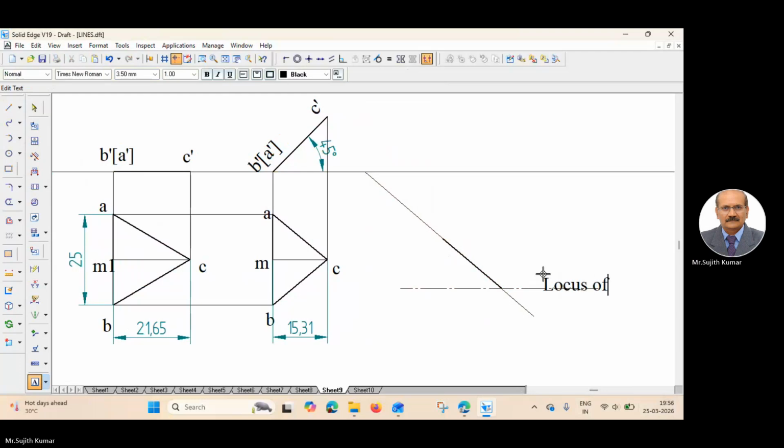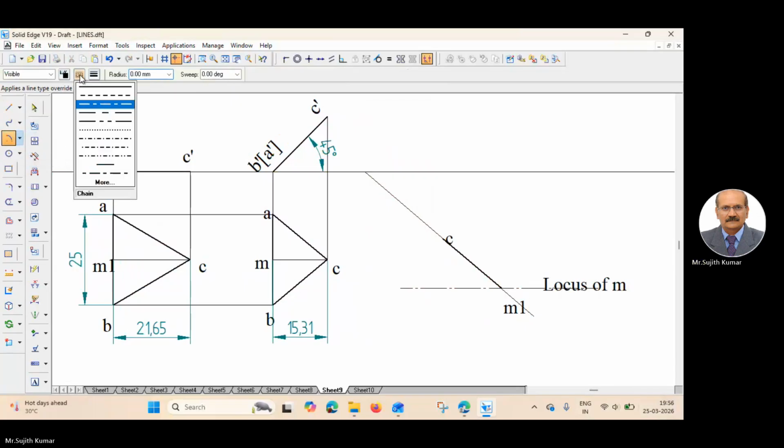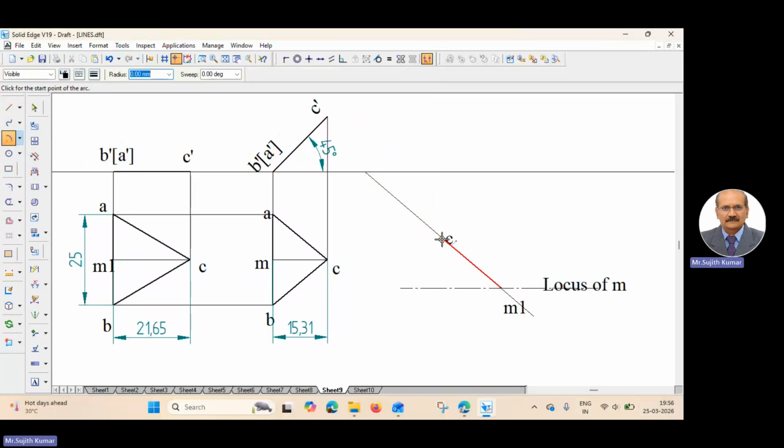Locus of M. This is C, this is M1. Go to arc by center point, continuous line, C at the center, 15.31 as the radius. Draw an arc, then limit it.